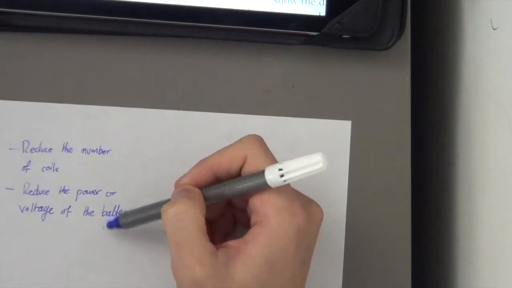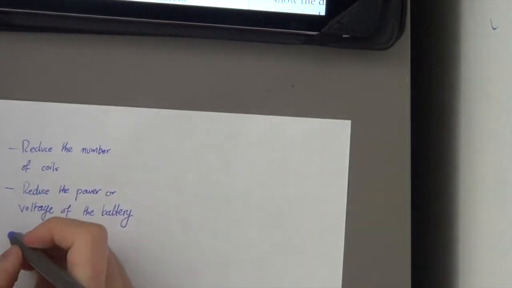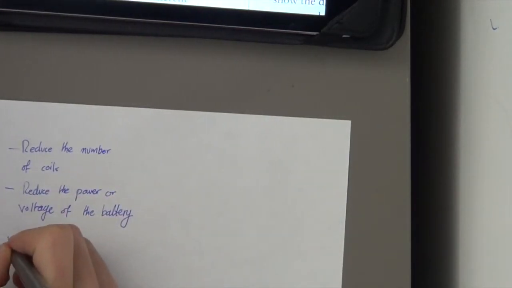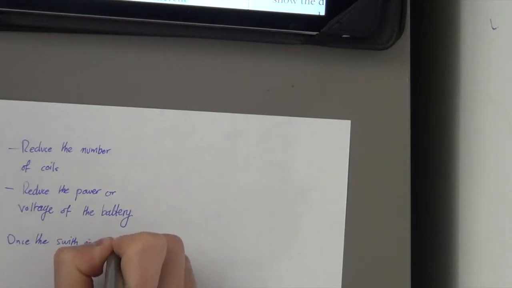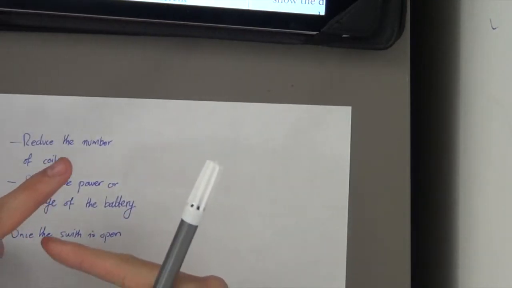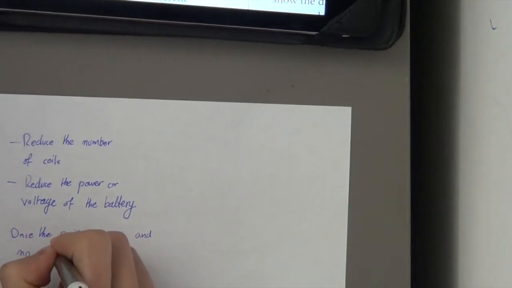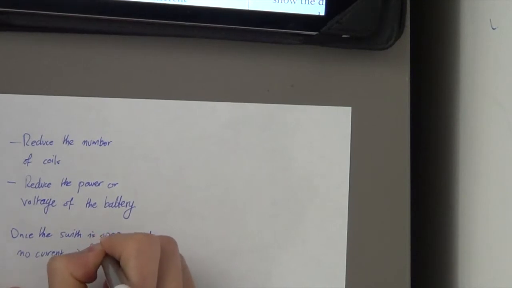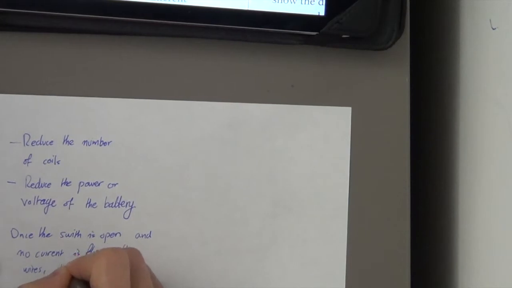Okay, next question. Explain why the core is made of iron instead of steel. Once the switch is open, meaning it's like that, and no current is flowing through the wires, the iron core loses its magnetism.